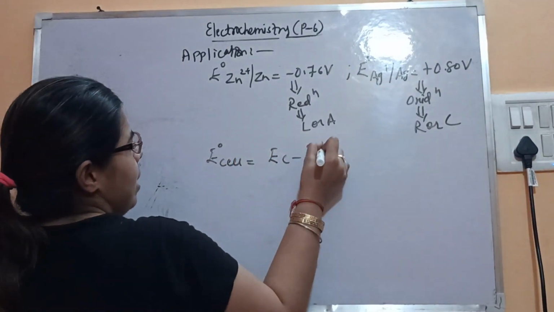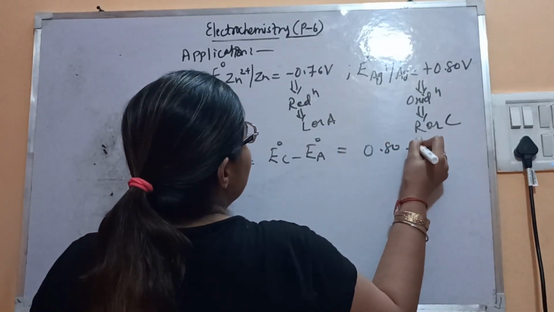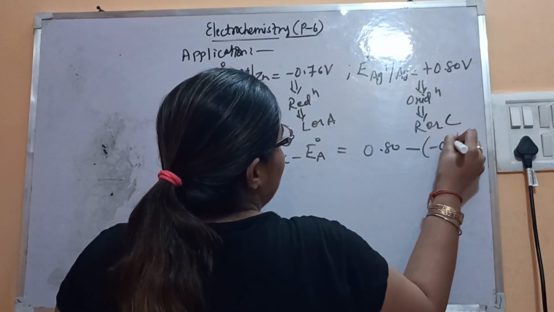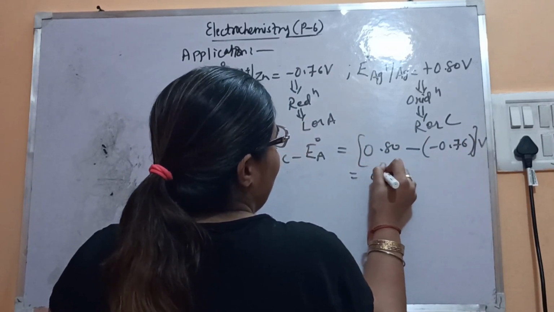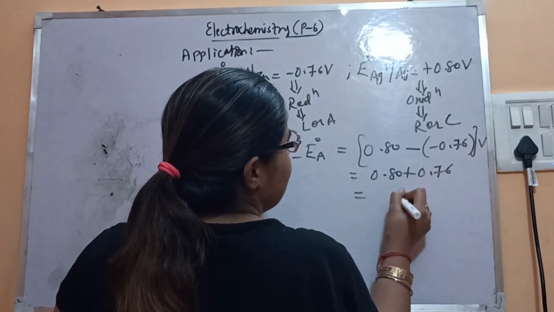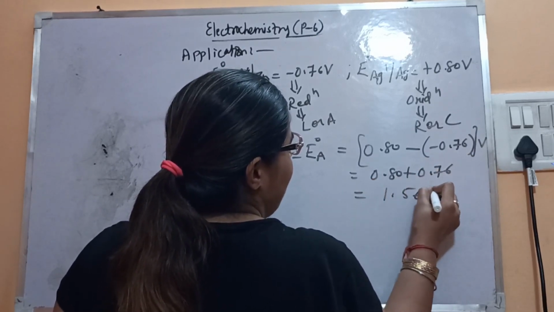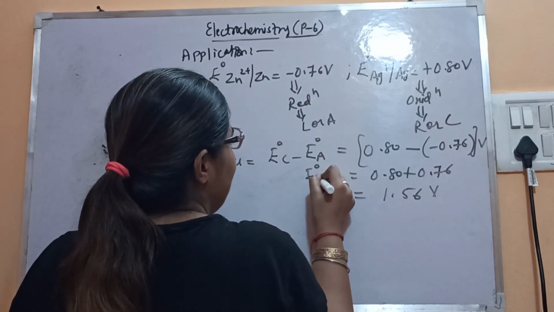So E naught cell will be E cathode minus E anode. E cathode is 0.80 minus of minus 0.76 volt, so 0.80 plus 0.76. It will be 1.56 volt, the E naught of this particular cell.